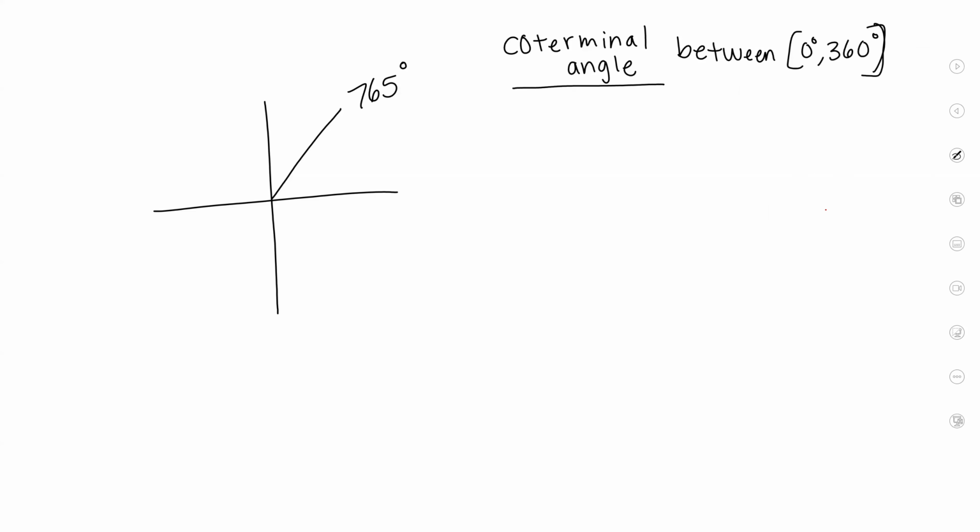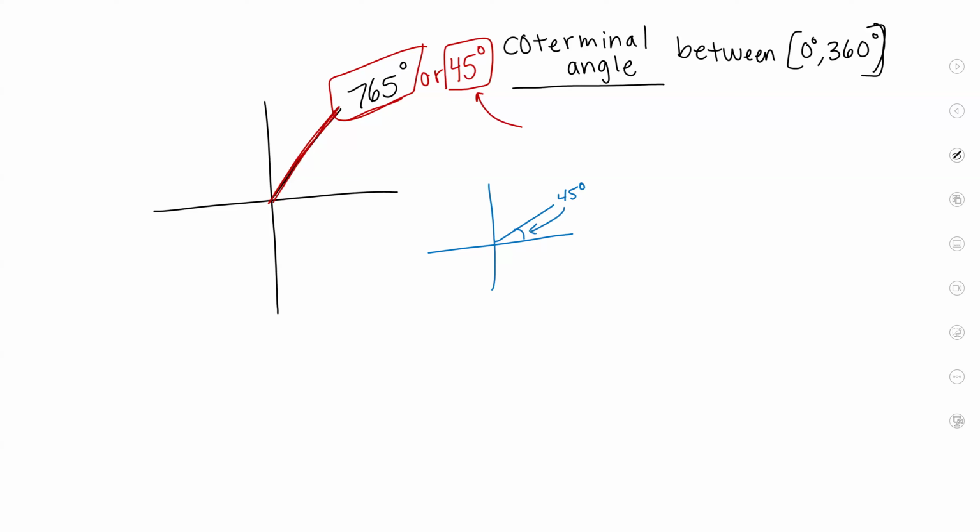Okay, perfect. Luke said 45 degrees. So 765 degrees ends right here, and so does 45 degrees. I'm telling you that the coterminal angle is 45 degrees. How did he come up with that answer? Exactly. What he did was, let's say that this is 45 degrees right here. This is a 45-degree angle right here.